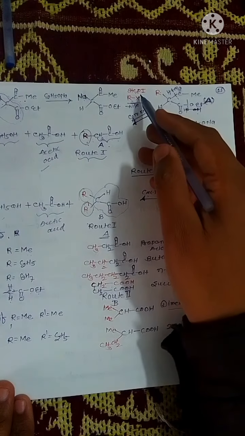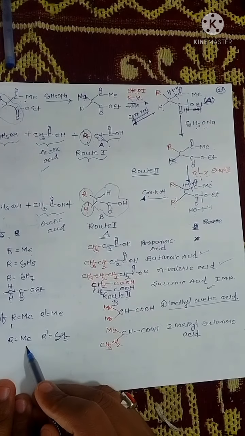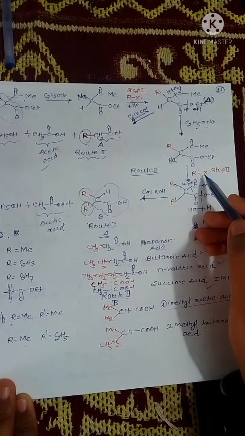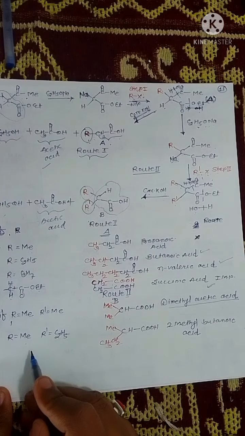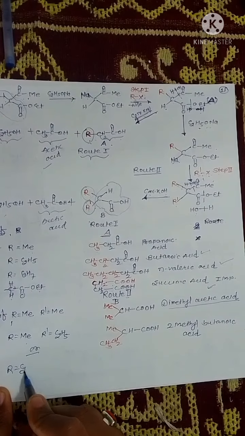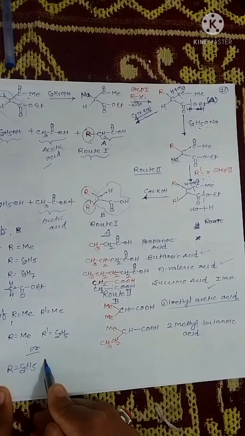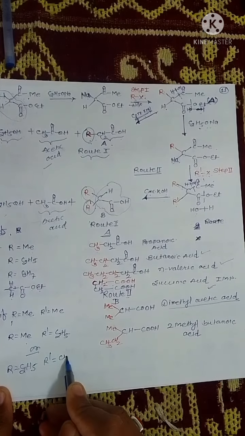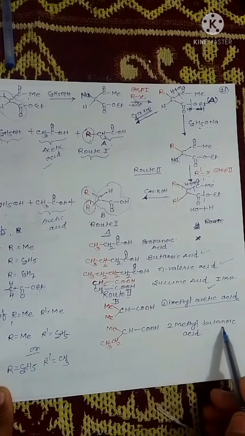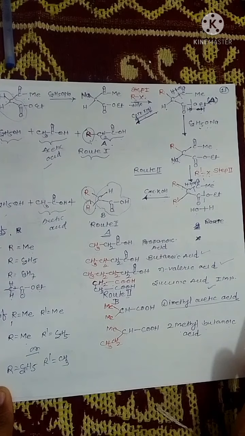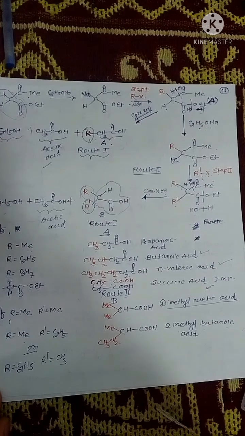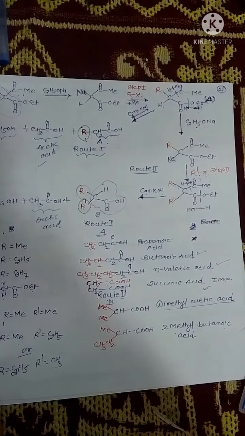If in step number 1 we add methyl chloride, and in step number 2 we add ethyl chloride, or vice versa, we get the product 2-methyl butanoic acid. In our next class, we are going to see some more applications of acetoacetic ester.